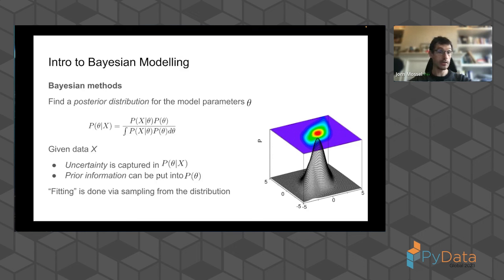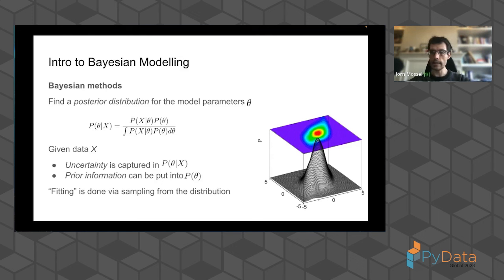So why is this useful? Well, the uncertainty for parameters is now captured via this distribution. Another artist impression on the right. Say theta is 2-dimensional, it may look something like this, some complex distribution. But the width of that peak will tell you how certain you are.